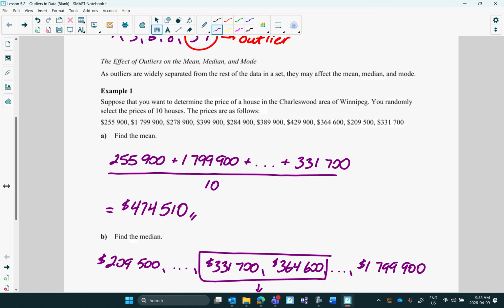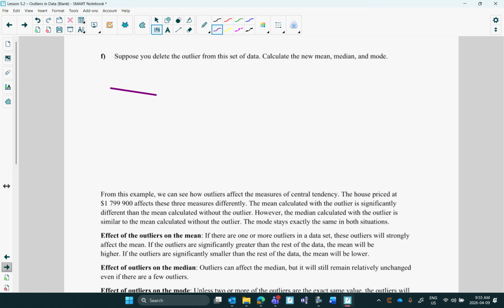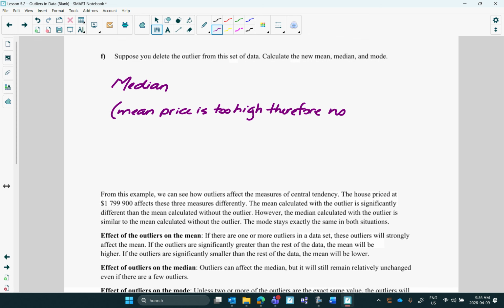So this is really pulling it up. So yes, you would say the median. Okay? Because the mean price is too high, therefore not typical. Because of the outlier.